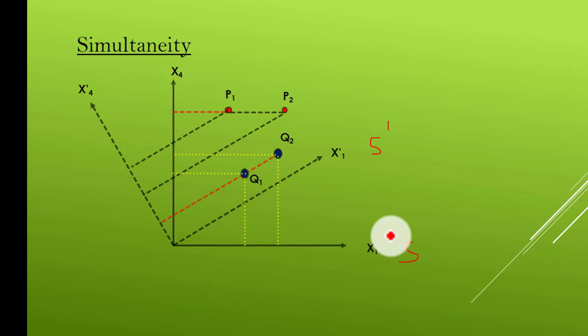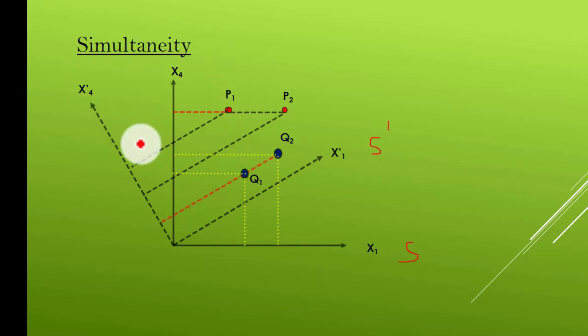But now if we look at the occurrence of these events in the S prime frame of reference, what do we need to do? As we did in the S frame of reference, we draw perpendiculars over the axes. Similarly, if we want to know the position, we will have to draw perpendiculars over these axes. For the time coordinate of these 2 events, we need to draw perpendiculars over the time axis, which is the x4 prime axis.